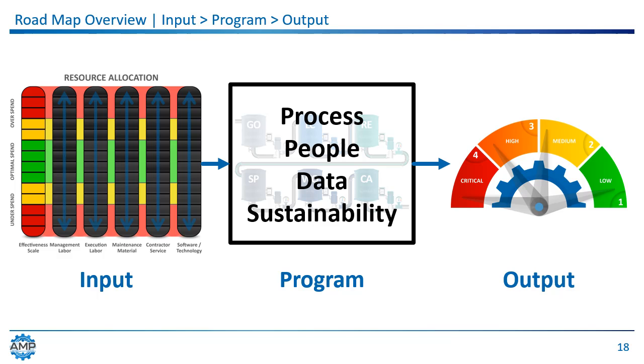Whether the spend for any input category is too high or too low, the processes and the implementation mechanisms optimize the spend by clarifying exactly what should be done and who should be doing each thing. The data necessary to execute each process is defined, as is the action required by each person responsible for executing the function processes.